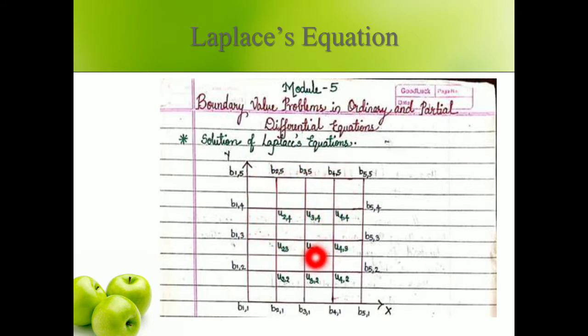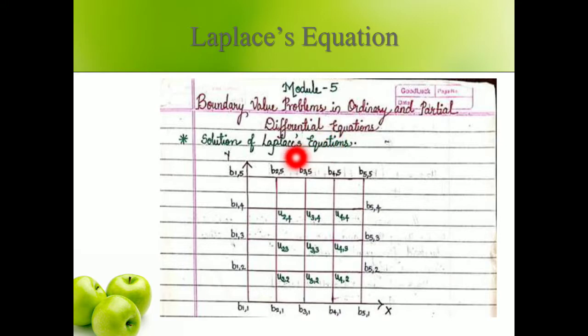Inside the square mesh, you have u of 2 4, u of 3 4, u of 4 4, u of 2 3, u of 3 3, u of 4 3, u 2 2, u 3 2, u 4 2. Outside, the boundary conditions will be given to you in terms of b11, b21, b31, b41, b51, and on the y-axis you have b12, b13, b14, b15.